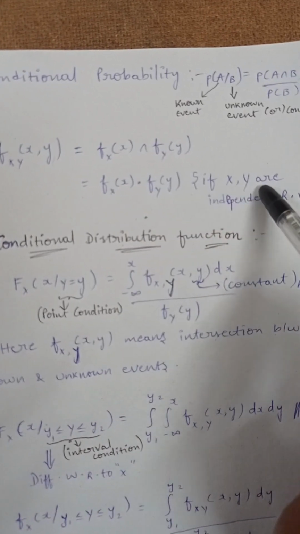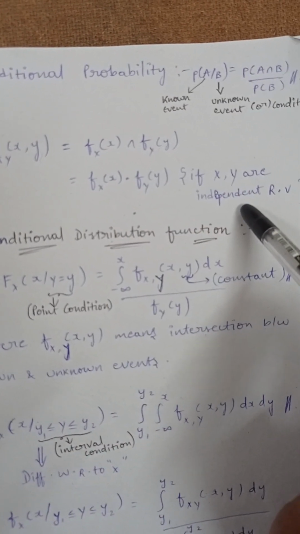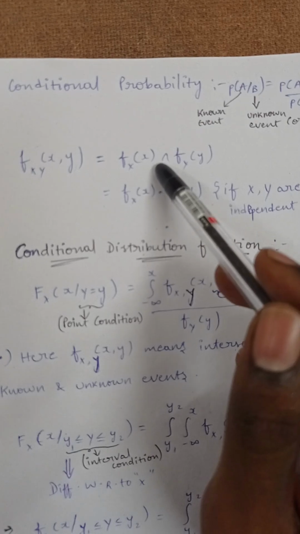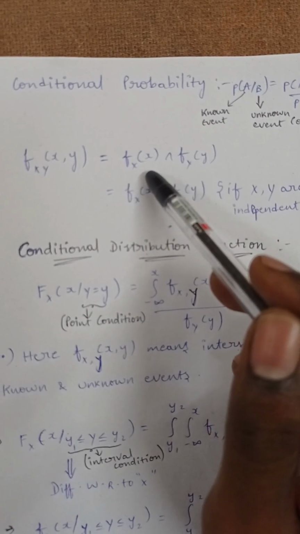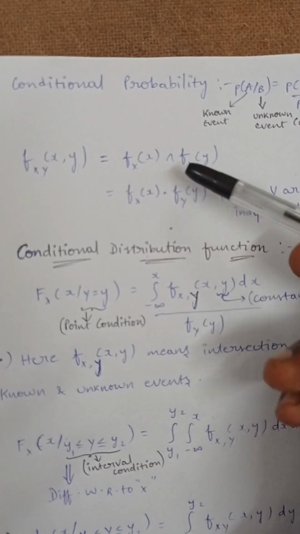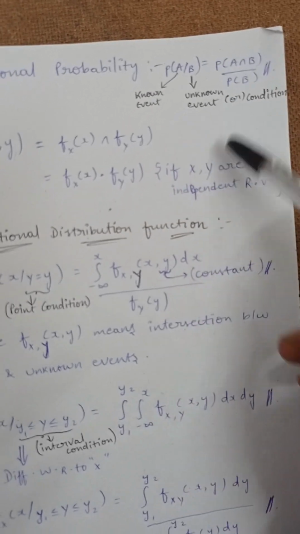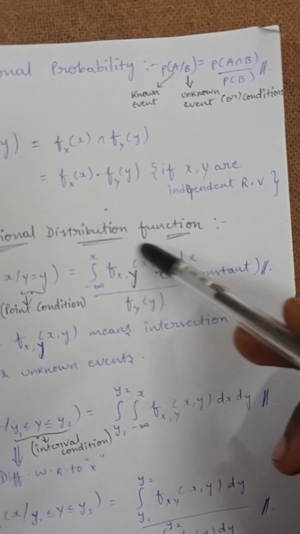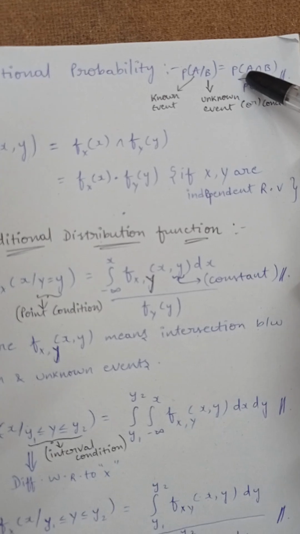If these x and y random variables are not independent, we can put an intersection between these two density functions. Then this part of the equation is exactly equal to this part.